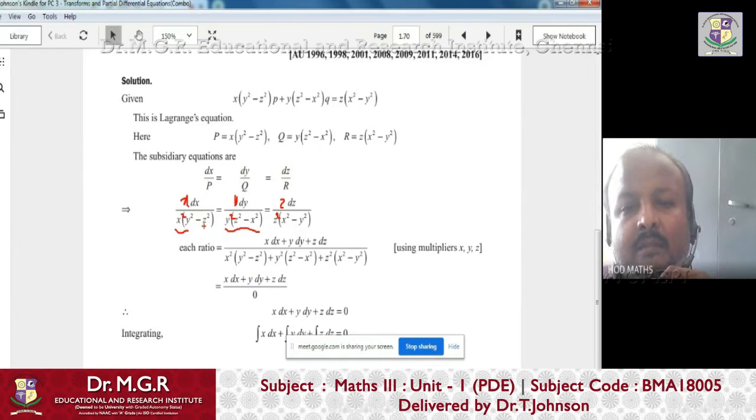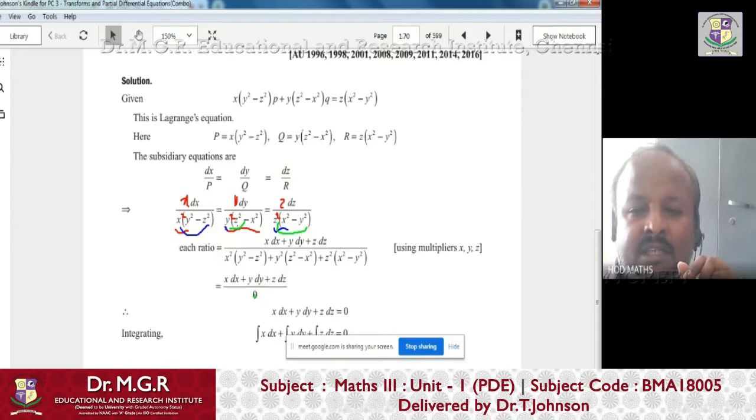Similarly, minus z square into x square is here and plus z square x square is there. Finally, we have minus y square z square and plus y square z square. So if you add all these things, everything cancels out and you get 0 in the denominator, and in the numerator you have x dx, y dy and z dz.